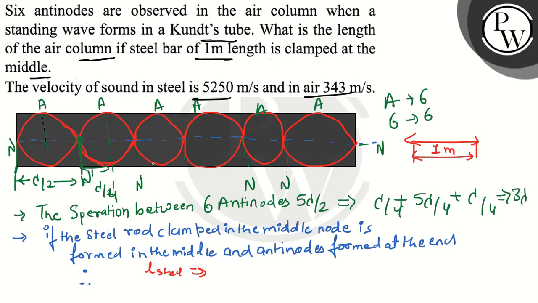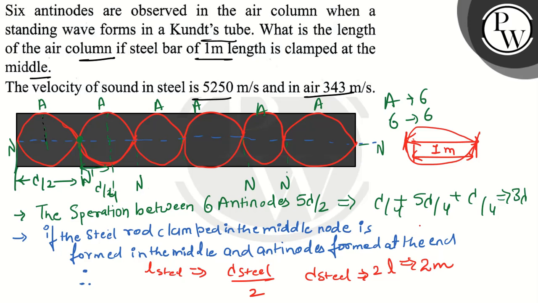So L steel is equal to lambda steel by 2. So lambda steel is equal to 2 into L, and that is equal to 2 meter.